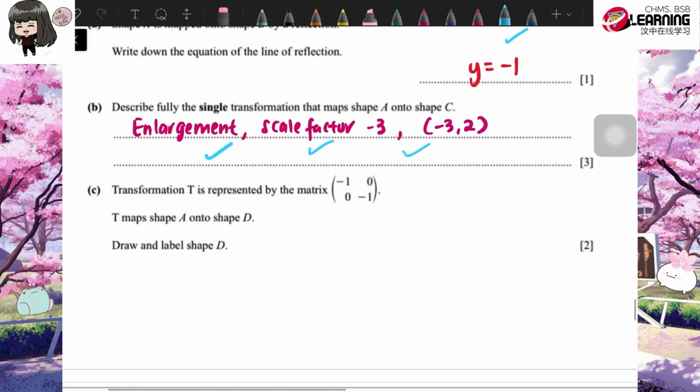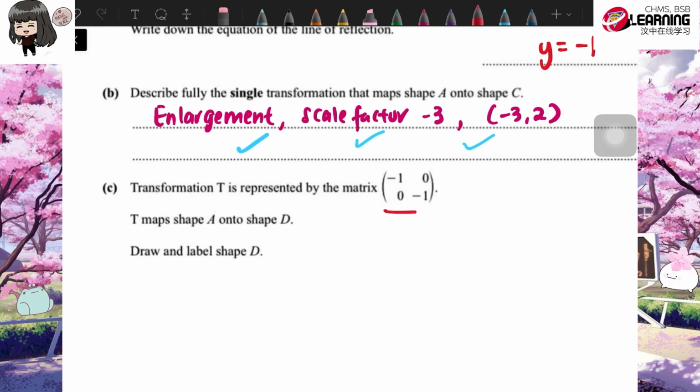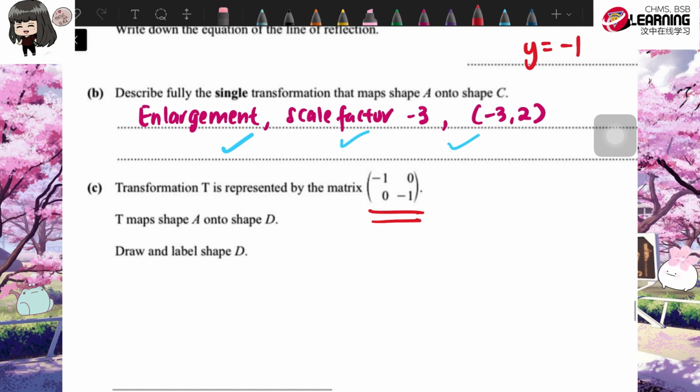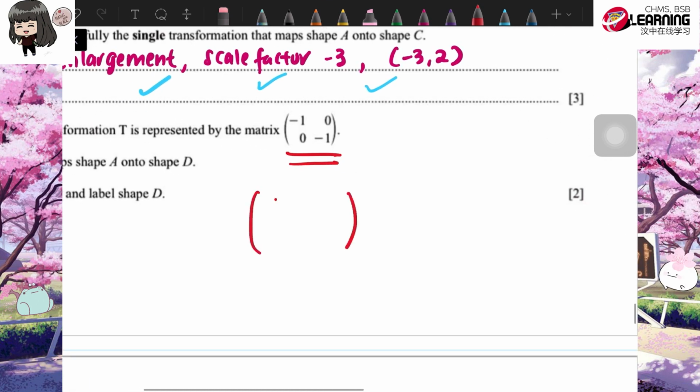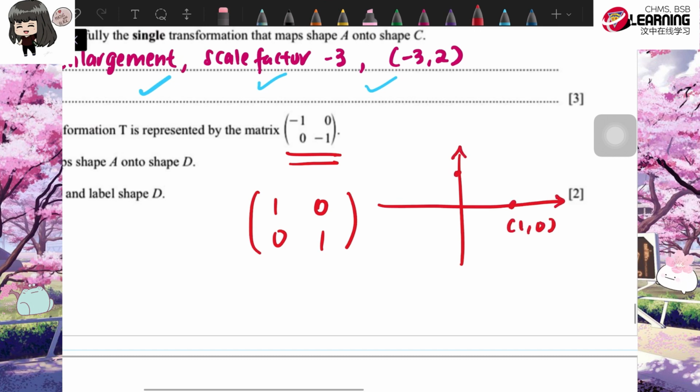Okay, part C, transformation T is represented by the matrix. Okay, so now you want to know what kind of matrix is this, right? So again, you need to know your standard 1, 0, 0, 1 from your graph, 1, 0 and 0, 1. And this 1, 0, right, goes to negative 1, 0. Negative 1, 0 is here.